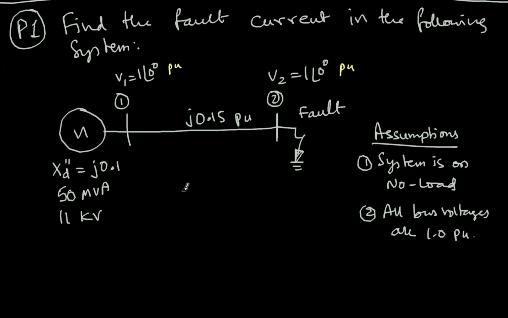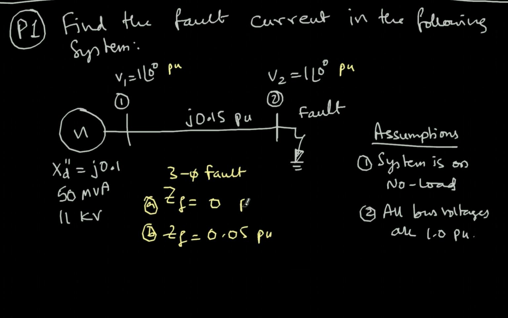So let's do two cases for the three-phase fault. Case A is Z fault equal to 0 and case B is Z fault equal to 0.05 per unit. Zero per unit, where you can also give j, just reactance to the fault, means it's a bolted fault, also called a solid fault, whereas this one is a fault with an impedance.